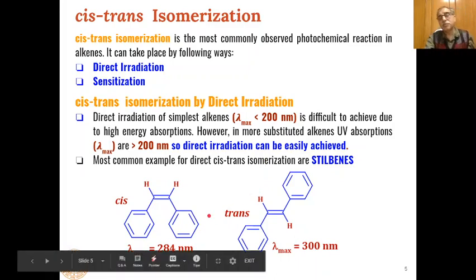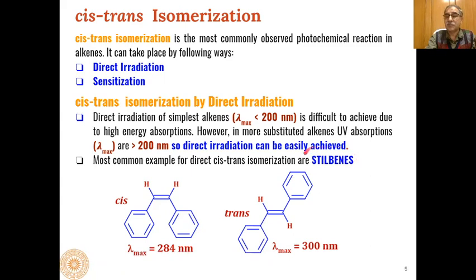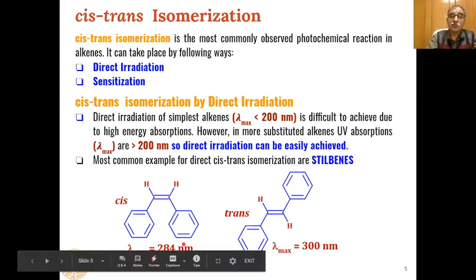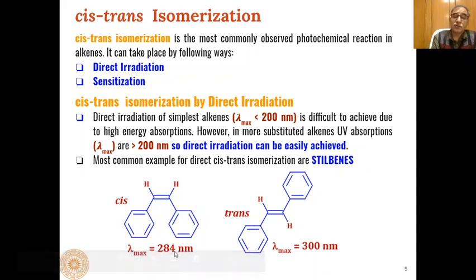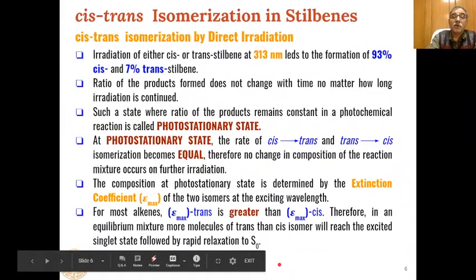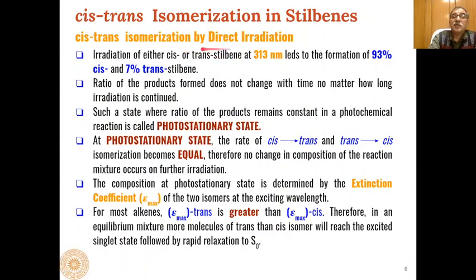And the most common example of direct cis-trans isomerization is given by stilbenes. So this is the structure for cis-stilbene. It absorbs at lambda max 284 nanometers, whereas trans absorbs around 300 nanometers. The direct irradiation, as I have told you, in the case of stilbene is done at 330 nanometers.